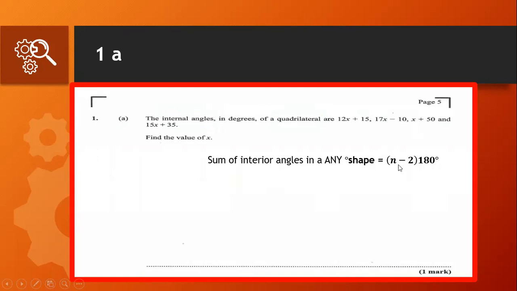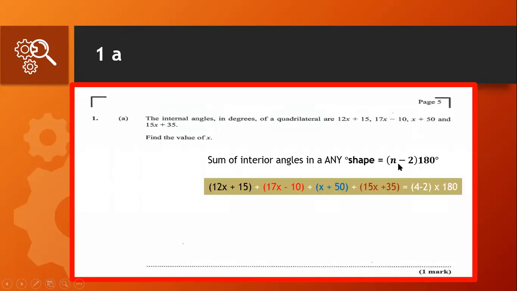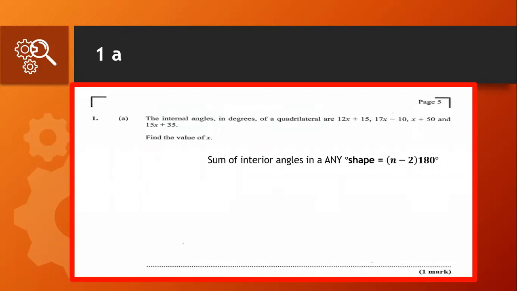What does this mean? The n is the amount of angles that you have in the shape. The 180 degrees is always there. The minus 2 is always there. This bracket with the 180 degrees actually means after you subtract, you will multiply the answer in the brackets by the number 180 degrees. Okay, so let's apply it in principle to the question above.